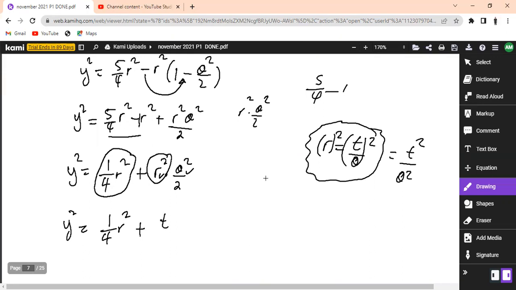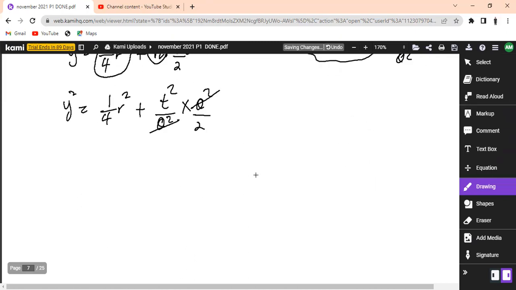So this is going to be t squared over theta squared times theta squared over 2. Theta squared and theta squared can cancel each other. That means here y squared is actually an approximation: 1 over 4 r squared plus, this is cancelled, so it's going to be t squared over 2. That's what you're going to have.